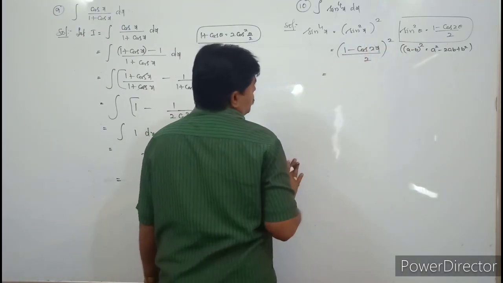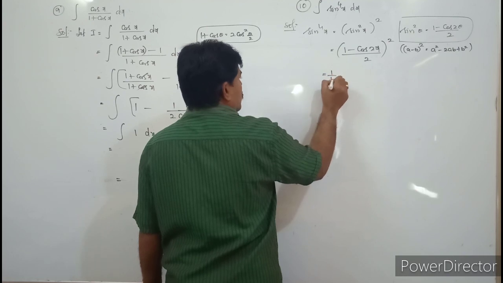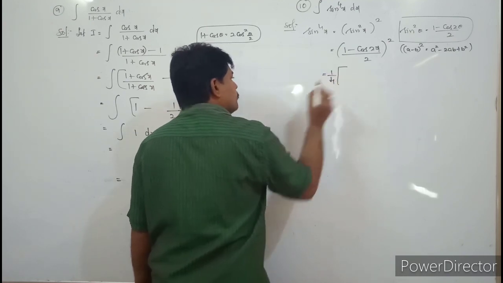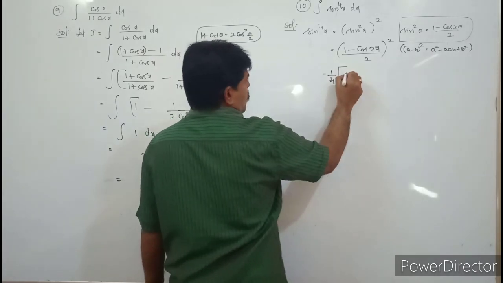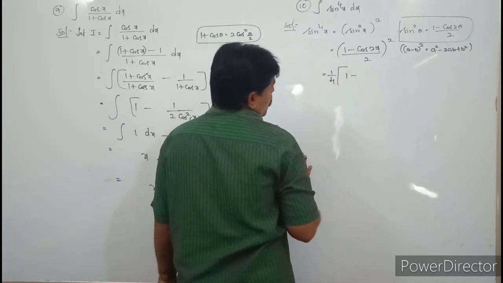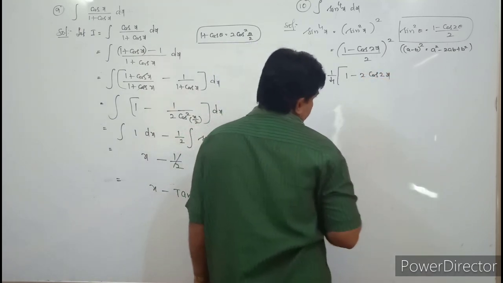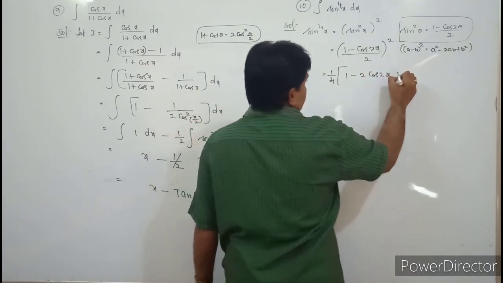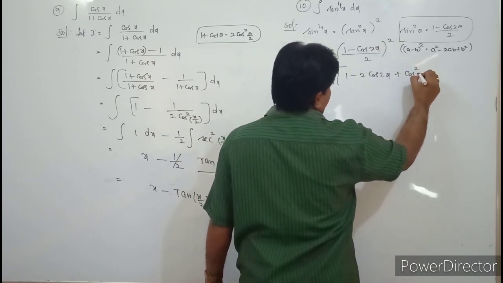So that is equal to 1 by 4 into 1, since 1 by 2 whole square is 1 by 4. A square is 1, minus 2ab, which is nothing but 2 cos 2x, plus b square. B square is nothing but cos square 2x.